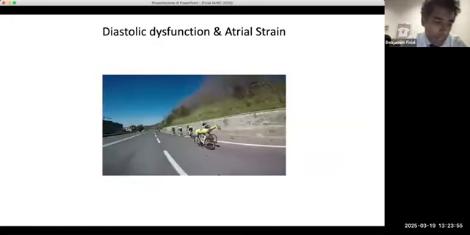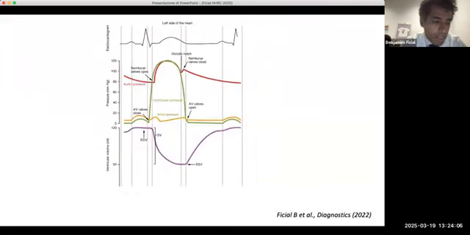He gets things done by thinking outside the box in the simplest and most efficient way possible. But first, let's take a closer look at the physiology of the cardiac cycle. We are all familiar with what happens to the LV during the cardiac cycle. So with systole, diastole, isovolumic relaxation, and contraction time.